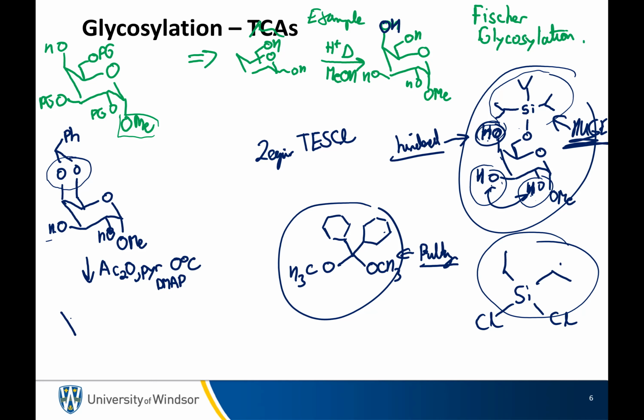And that's going to acetylate those two positions. Okay, so we protected them, so those alcohols are now safe. Now we've got the whole thing protected, and we need to liberate C4.